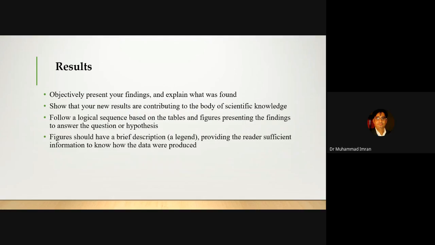Mostly you have to emphasize significant results which contain the novelty of your work. Show that your new results are contributing to the body of scientific knowledge. It means your work is very important, has novelty, and has many applications.